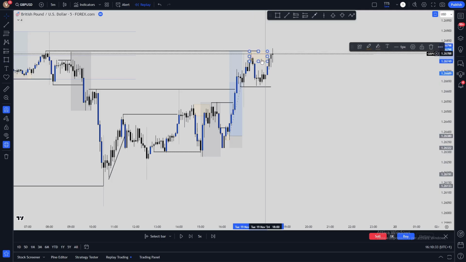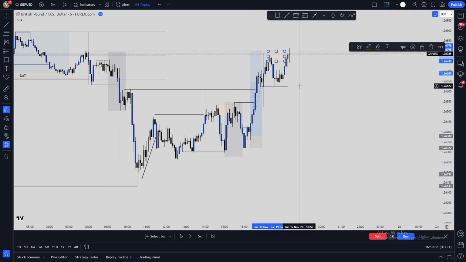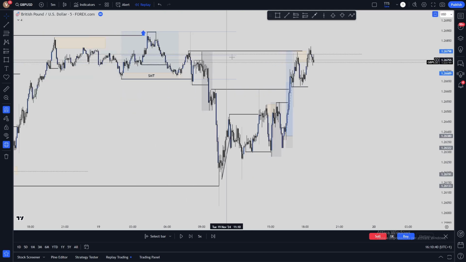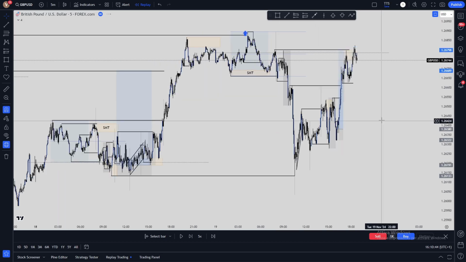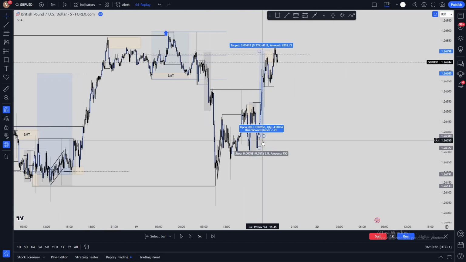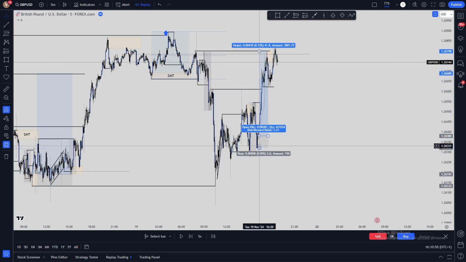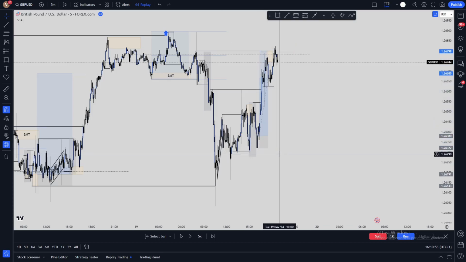No clear sellers in the market here, and then we finally took this liquidity. So we also close another day with a beautiful 1:27. If you see, also here the stop loss is a little bit bigger, but I don't care personally.